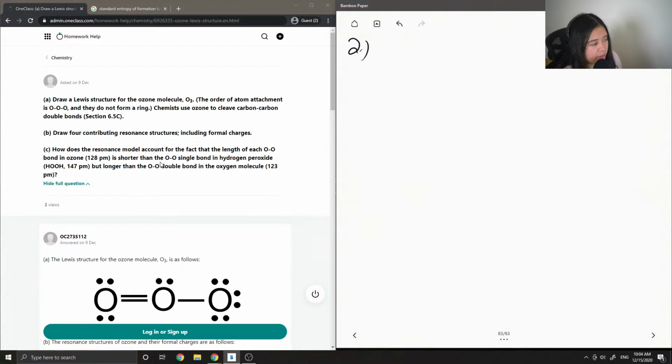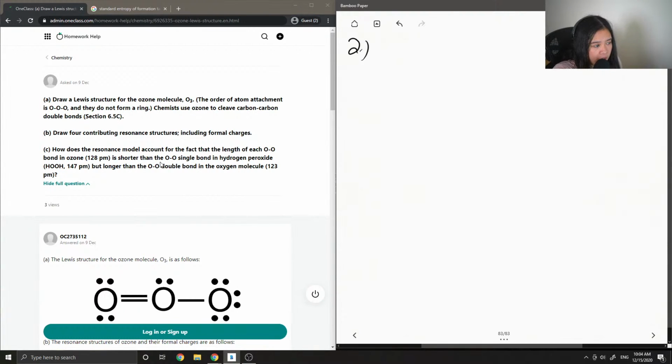Part B is to draw the contributing resonance structures, including formal charges. Part C, how does the resonance model account for the fact that the length of each oxygen-oxygen bond in ozone, which is 128 picometers, is shorter than the oxygen-oxygen single bond in hydrogen peroxide, which is 147 picometers, but longer than the oxygen-oxygen double bond in the oxygen molecule, 123 picometers.